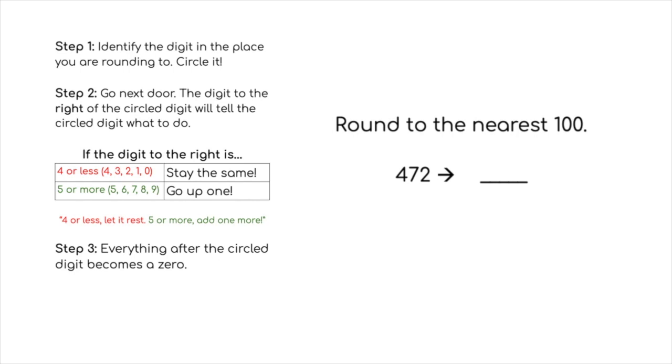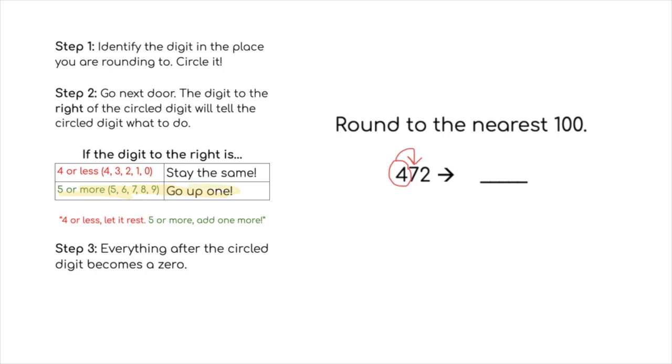Now let's learn how to round to the nearest 100. So we have a 3-digit number and we're rounding to the nearest 100. So step 1 tells us to circle the digit in the hundreds place. The 2 is in the ones, the 7 is in the tens, and the 4 is in the hundreds. So we will circle the 4. Step 2 tells us to look to the right. When we look to the right, we see a 7. So when we look for our rounding rules, 7 would be 5 or more.